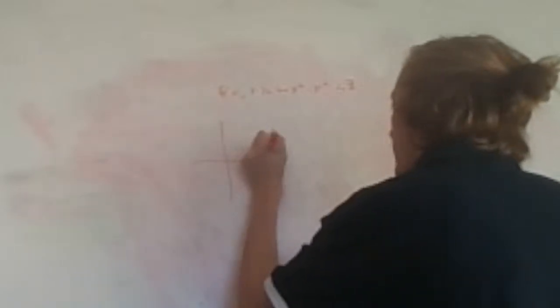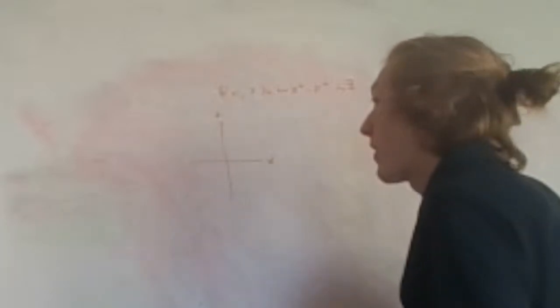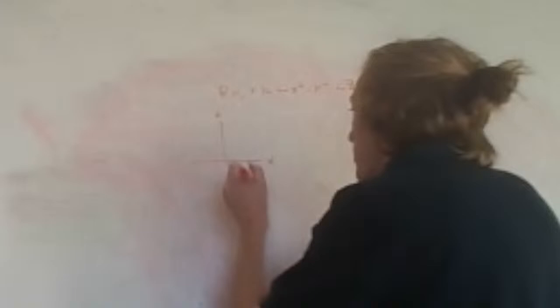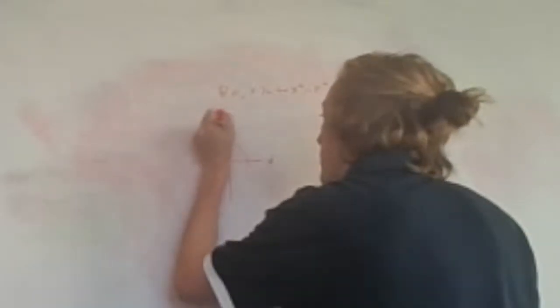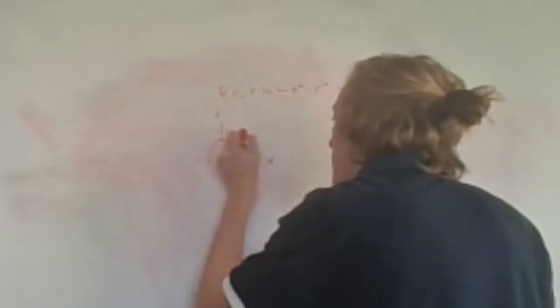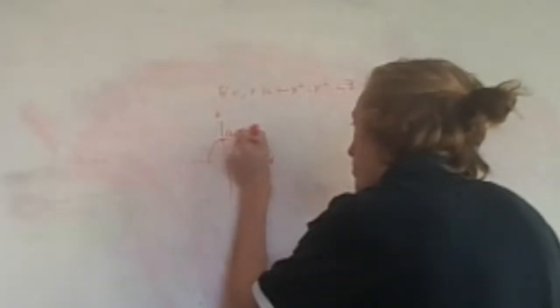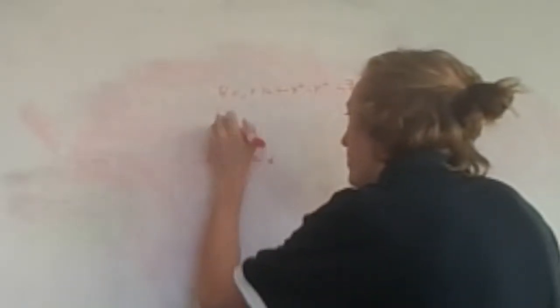So if we said xz, 2 minus x squared, that's going to look something like this. So this is going to be 0, 2.